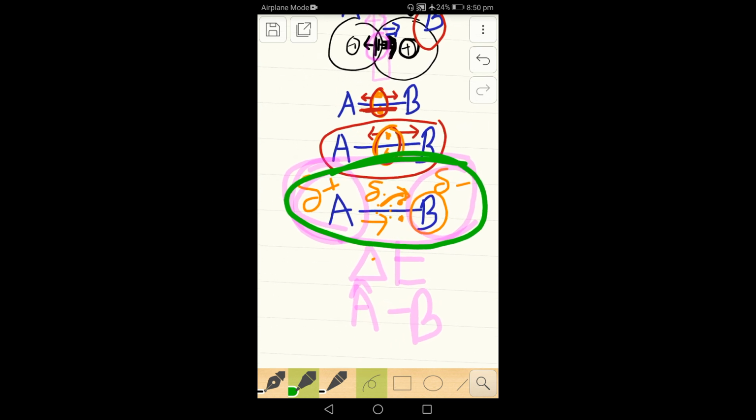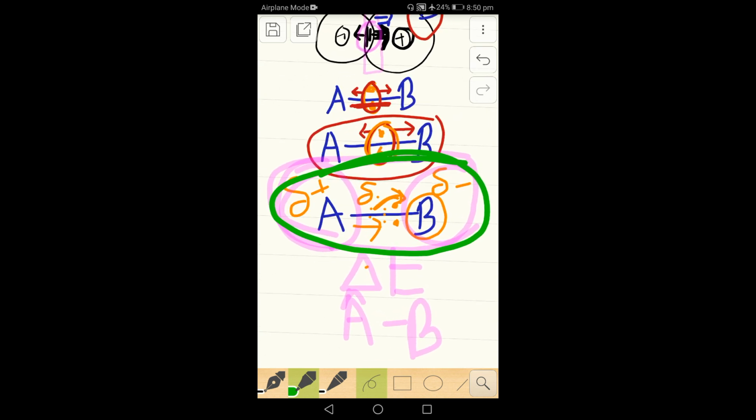But if the electronegativity difference was very small, or they had the same electronegativity, like in this case, then the electrons would get as close to A as they go close to B, because they have almost the same electronegativity.